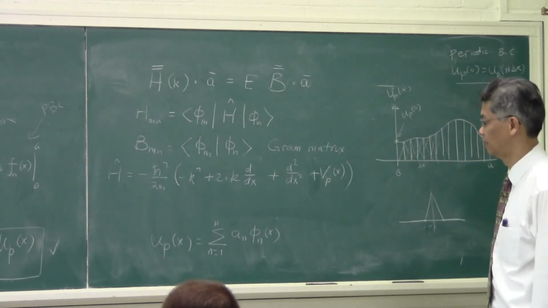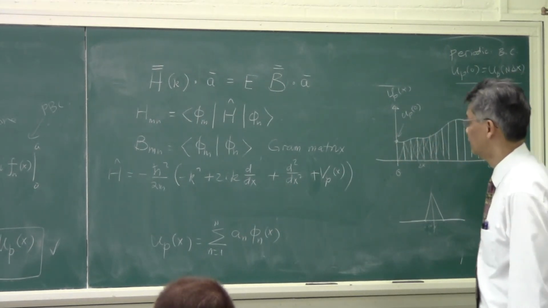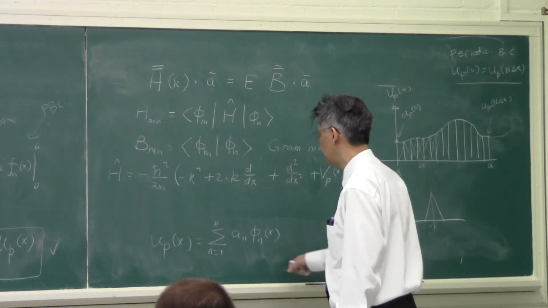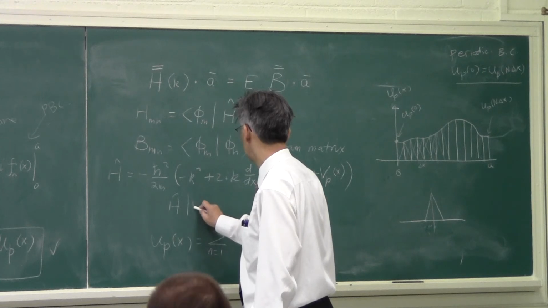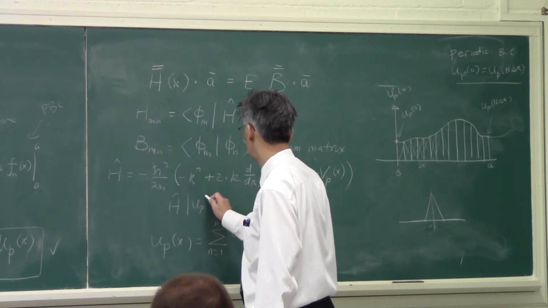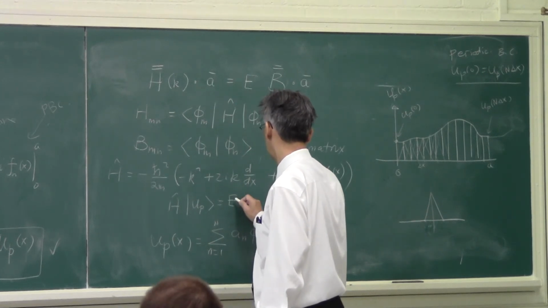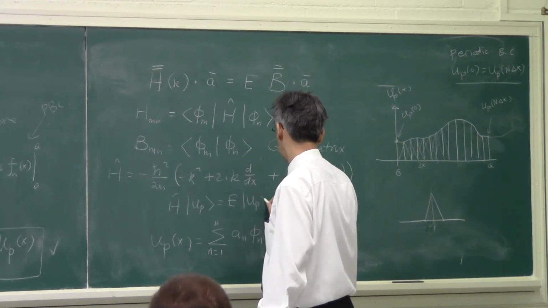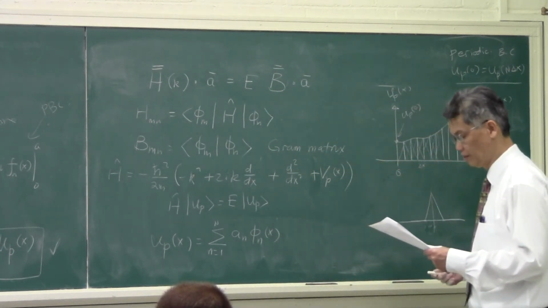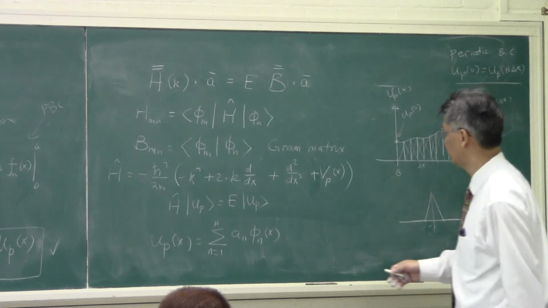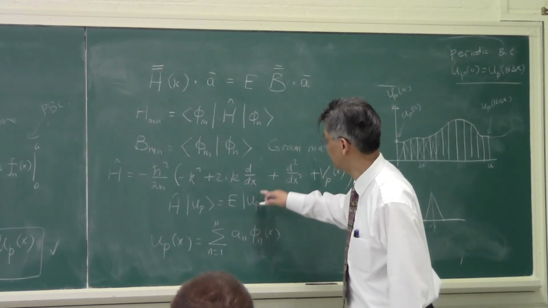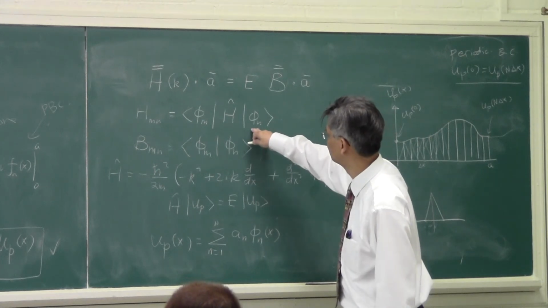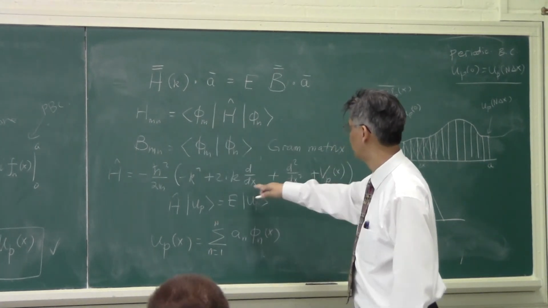Okay, this is my H hat. So if I think of this as an equation that looks something like this, and I go to the subspace projection method using this expansion, converting this operator into a matrix system, the matrix system will be given by this.